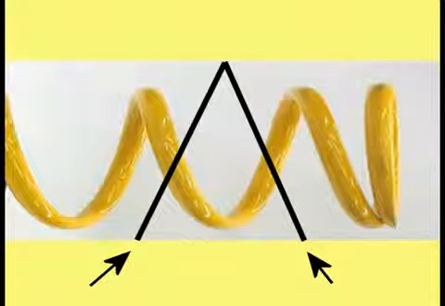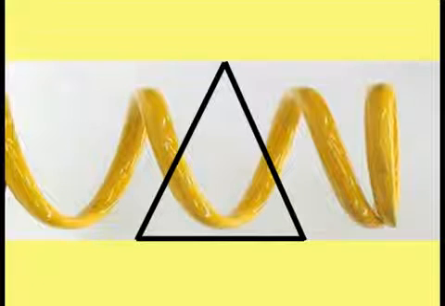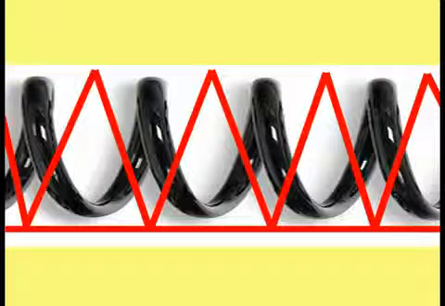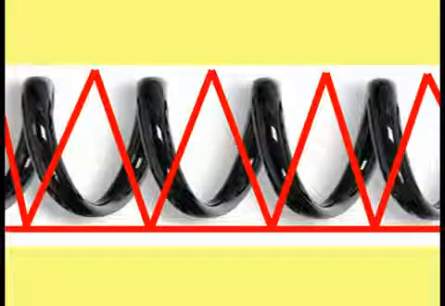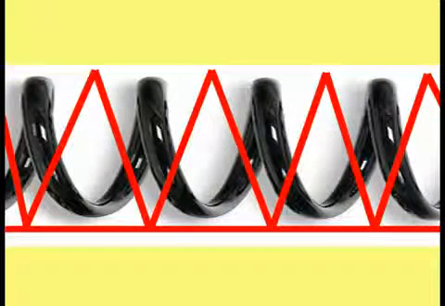If a line is drawn in connecting the free ends of the two lines, all three lines form a triangular shape. Noticing that triangles can be interwoven with the coils of a spiral is not an idle observation. This picture can be used to provide more insight into how the human body is constructed and behaves.